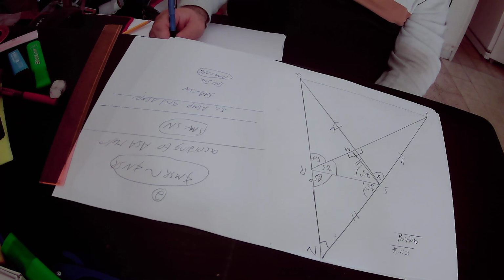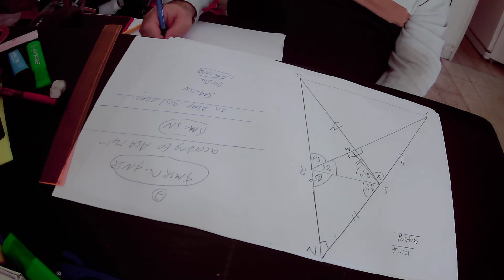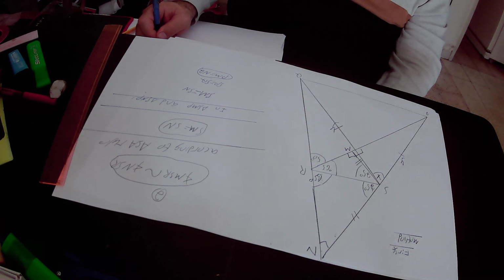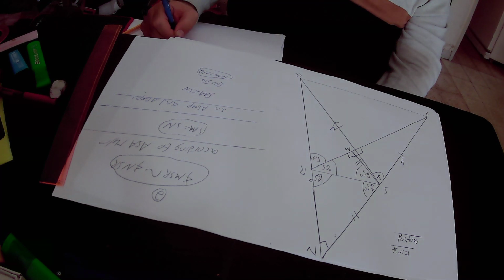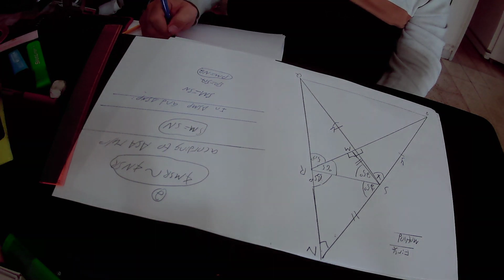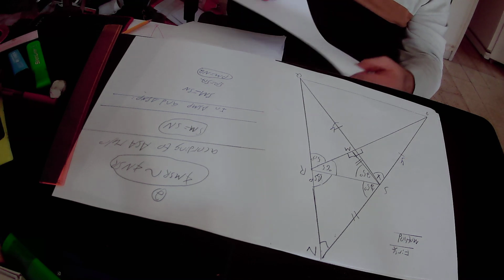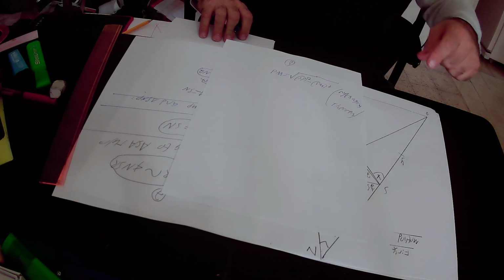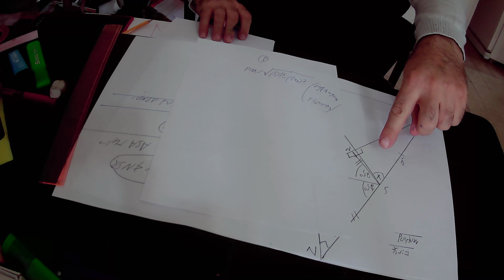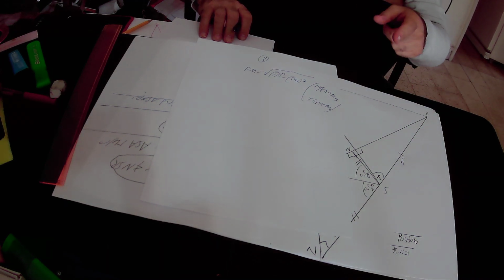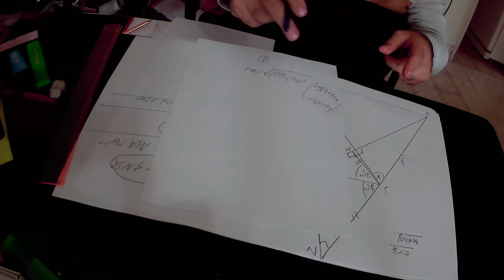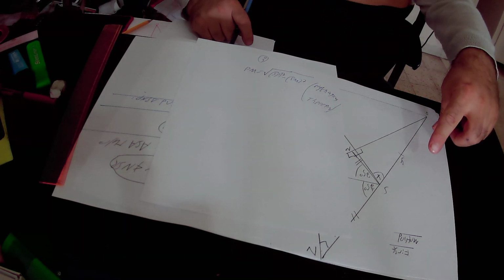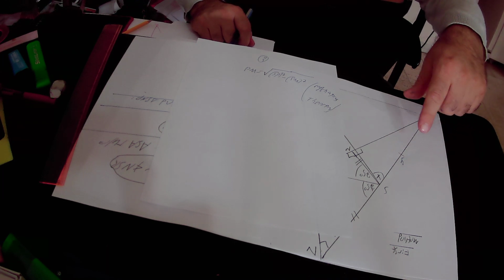Again, according to the Pythagoras theorem, because we know that triangle SMP is a right triangle, the value of PM equals the root of SP squared, that is the hypotenuse squared, minus SM squared.